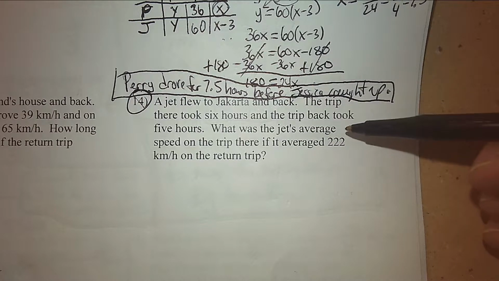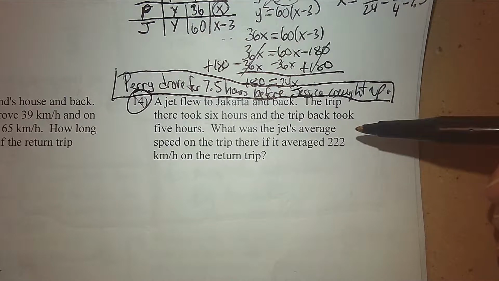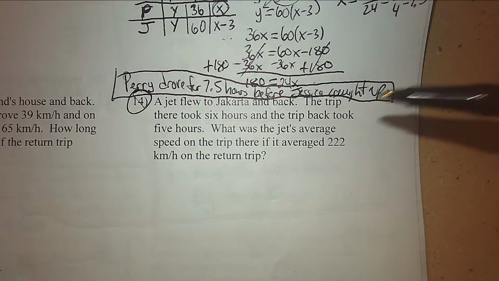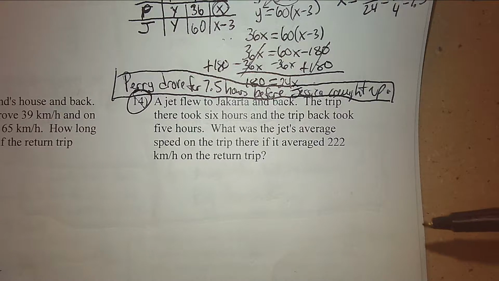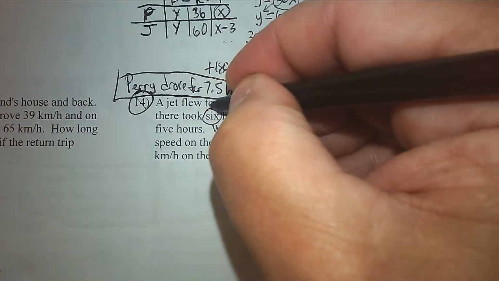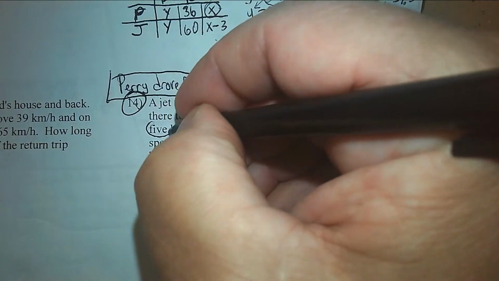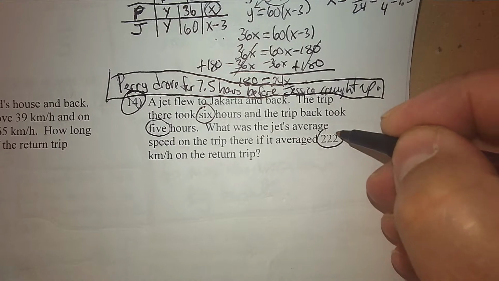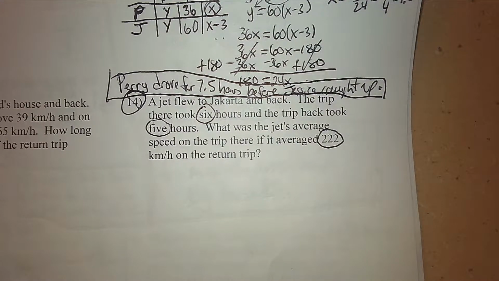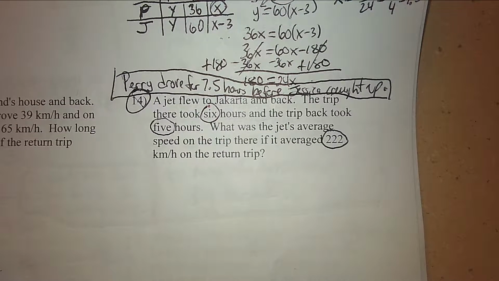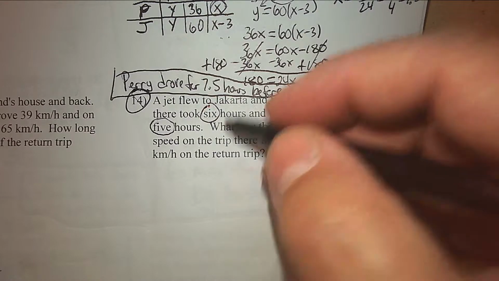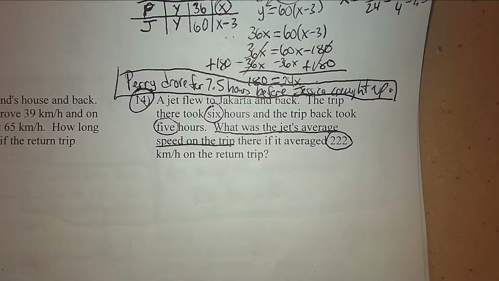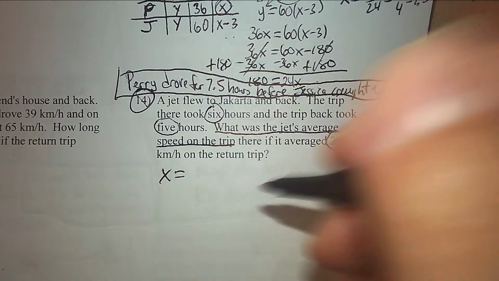What was the jet's average speed on the trip there if it averaged 222 kilometers an hour on the return trip? So first I'm going to annotate it. So I have 6 hours, I have 5 hours, and I have the jet speed to be 222. I know that the question is, what was the jet's average speed on the trip there?